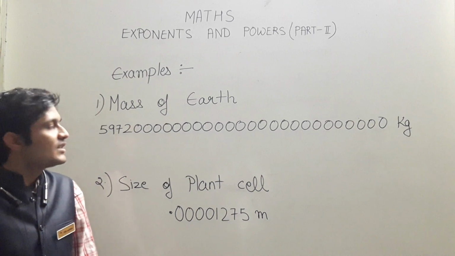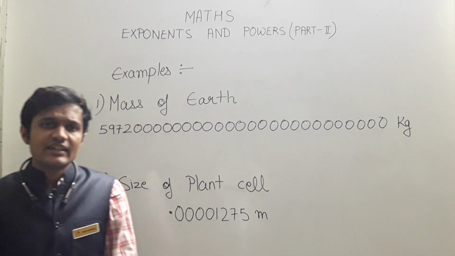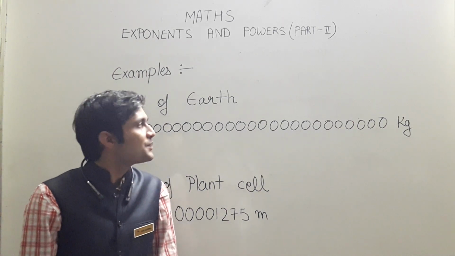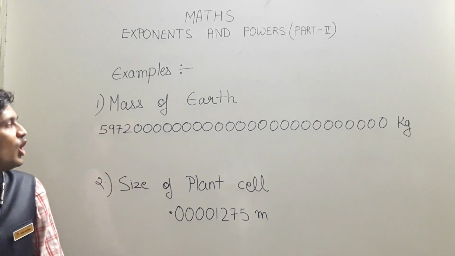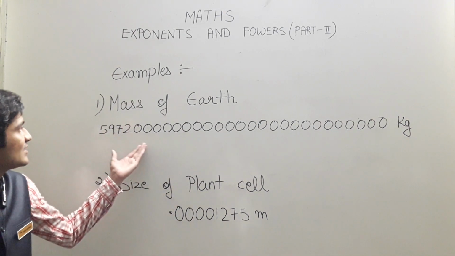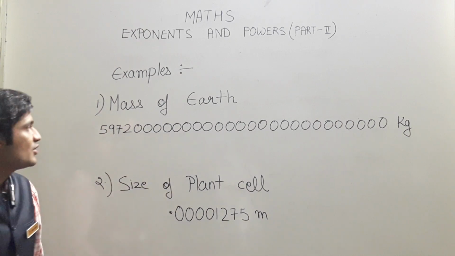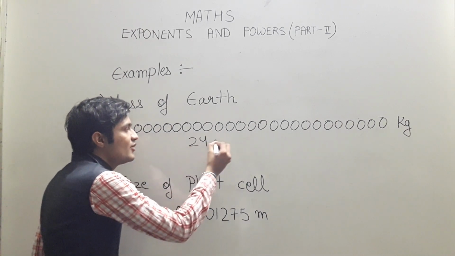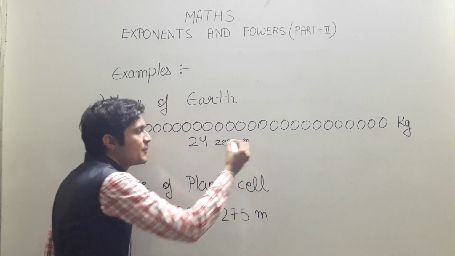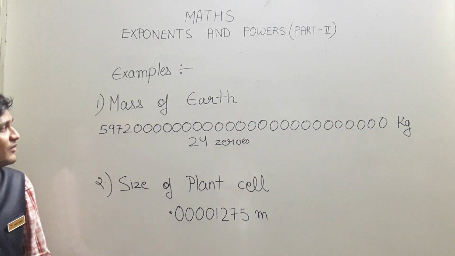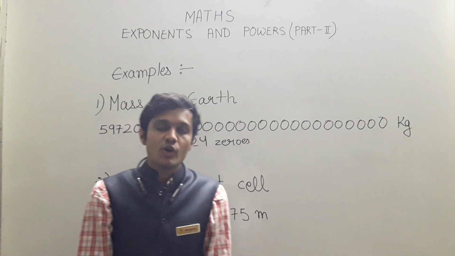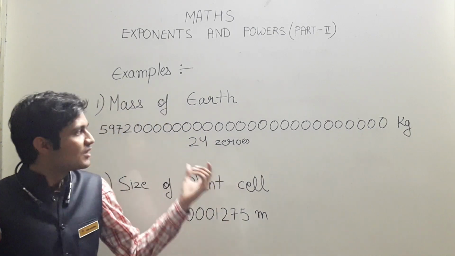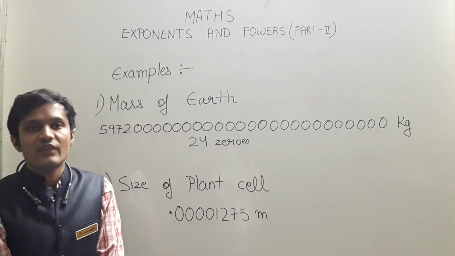Now we will see some more examples in our day-to-day life where this conversion is very helpful. First of all, we all know that the mass of earth is 5972 followed by 24 zeros kg. So it is not convenient to express this value in normal form. In these cases the standard form is very helpful.